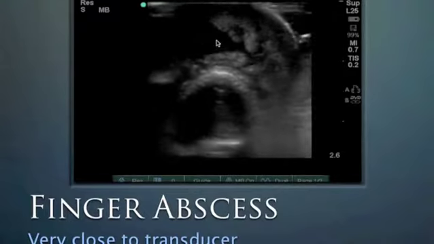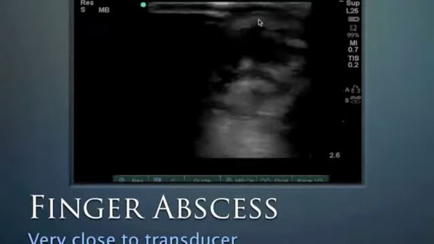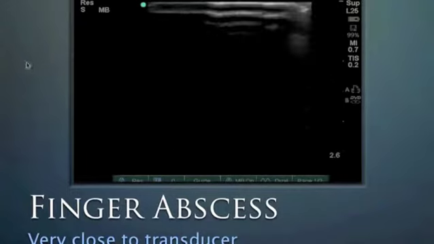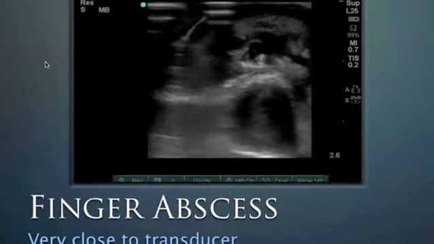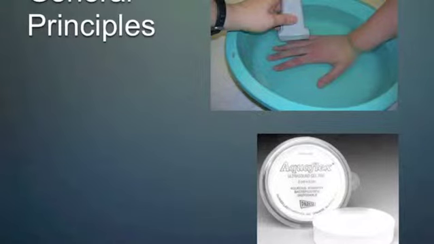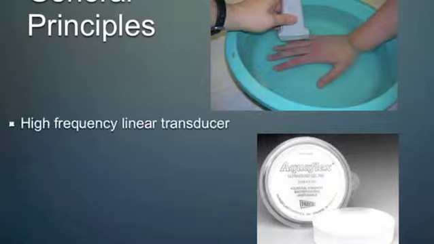Now, sometimes the structure is so close to the surface of the skin that it's hard to see, and actually we need to stand off a ways from a body part. And so what we see here is, using that high frequency linear transducer, we have a couple of options on a very superficial structure. We can dunk the hand or the body part, here seen in the water, and that's very helpful because if you use cold water, it also helps with pain control, and you no longer have to press the transducer right onto the painful digit.